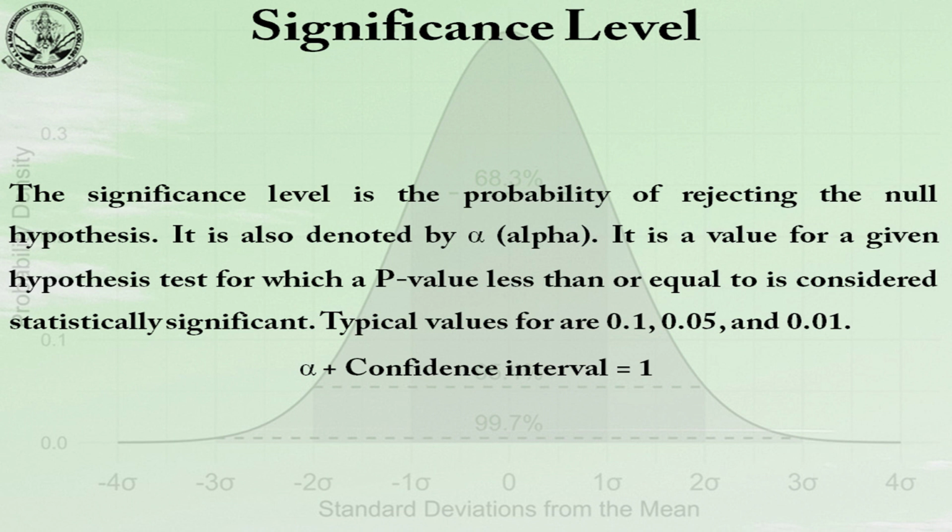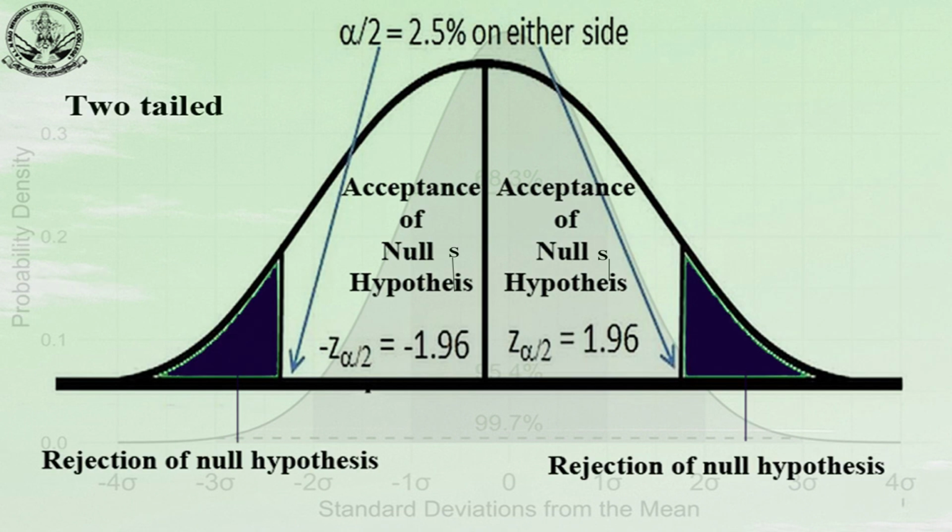Usually, if we add the alpha value of the significance level to the confidence level, we get 1. That's mandatory. So here in a two-tailed test, two-tailed means exactly across the mean, the middle line, as we have seen in the case of normal distribution also. Alpha is divided into two parts.